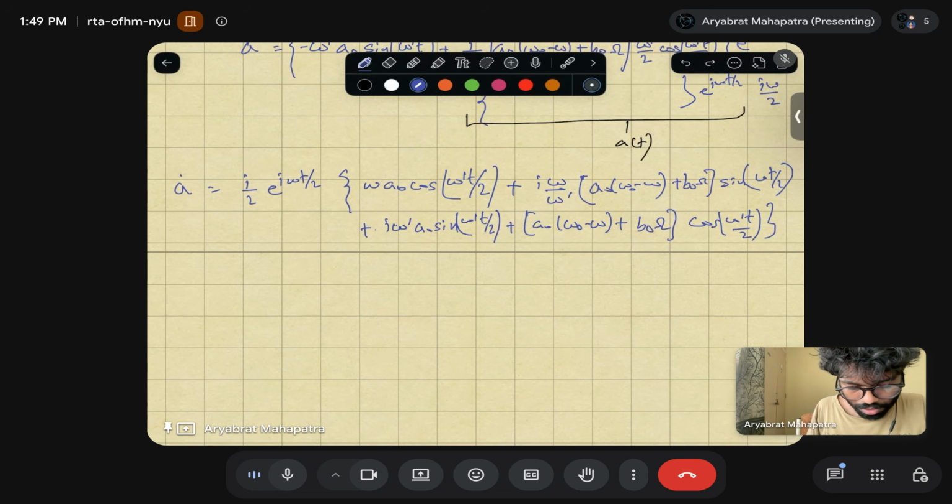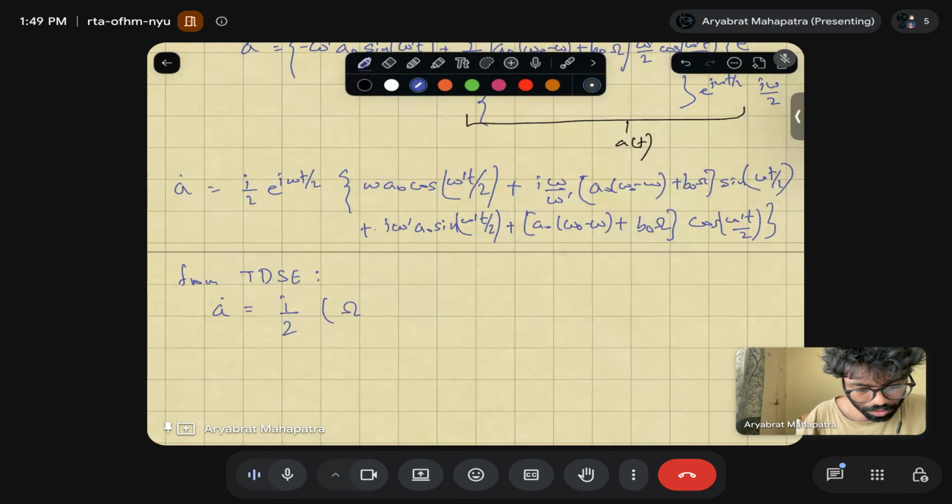So then, in the previous question we also saw what a dot is from the time dependent Schrodinger equation. From the time dependent Schrodinger equation we also had a dot to be i by 2 omega exponential i omega t b plus omega naught a.